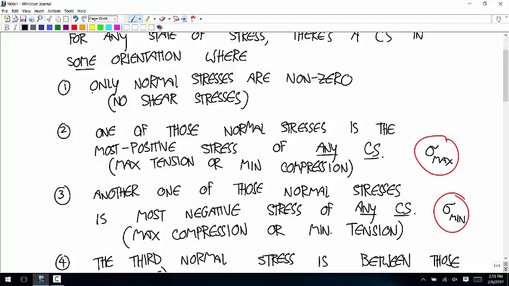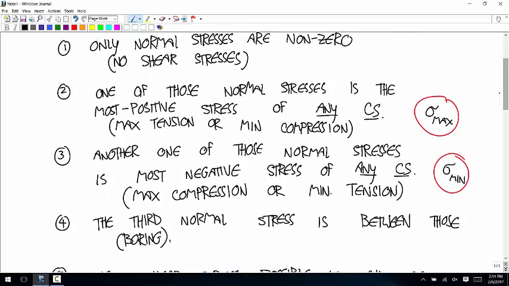It turns out that in order to figure out when an object is going to break, when a material is going to fail, knowing what that maximum normal stress and that minimum normal stress are is really important. And as if those weren't important enough, maybe the one thing that's more important than knowing those principal stresses is knowing what the maximum absolute value of the shear stress is going to be.